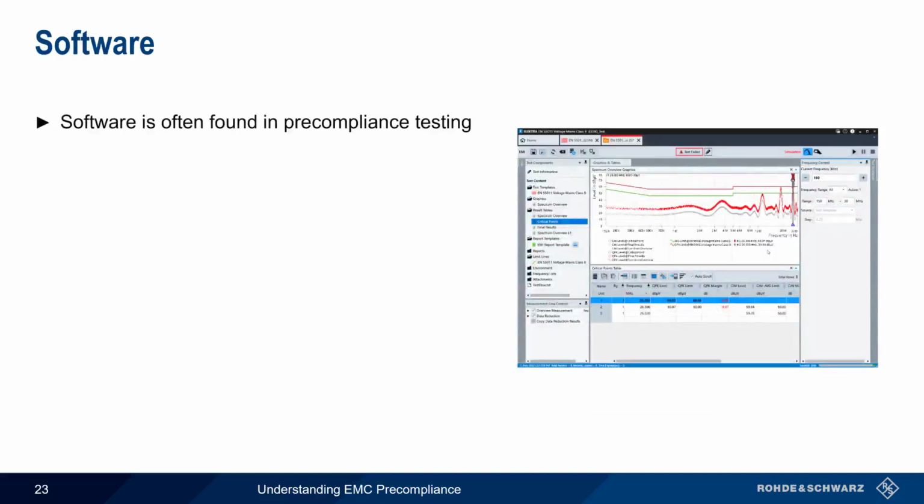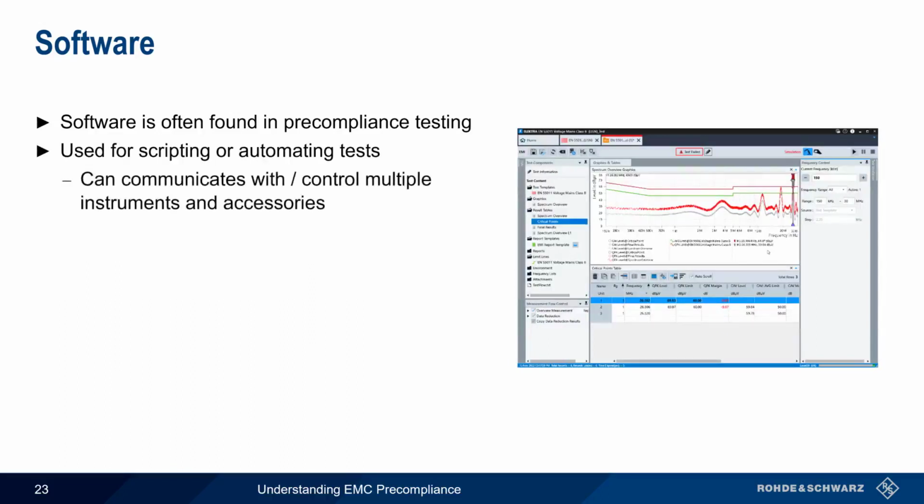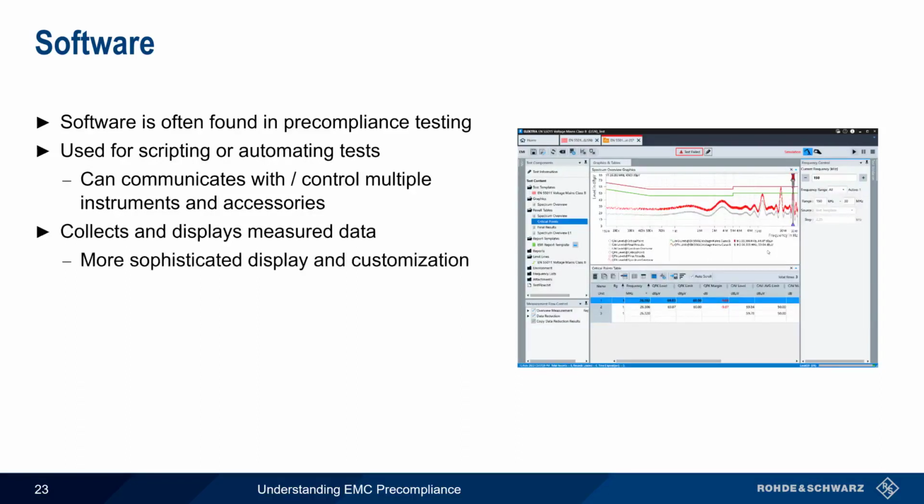Software is another very common component in pre-compliance testing, and it has two main functions. The first of these is scripting or automating tests, whereby the program communicates or controls multiple instruments and accessories through a single interface. The other important function of software is collecting and displaying the measured data. Compared to the individual instruments, pre-compliance software packages can provide a more sophisticated display with advanced customization options, such as special limit lines.